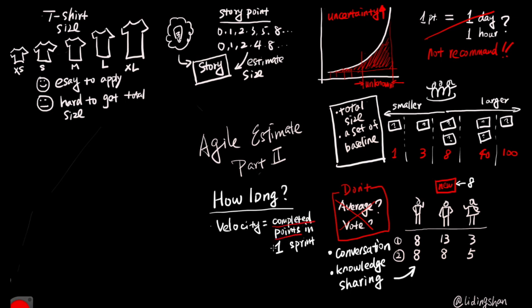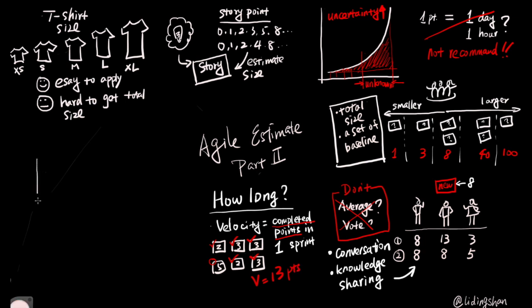For example, in one sprint, the team has planned some stories, and the size of those stories may look like this. And at the end of the sprint, the team may complete some of them, but not all of them, like this one, but not this one. So the total velocity in this case is 13 points.